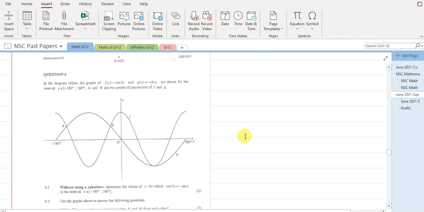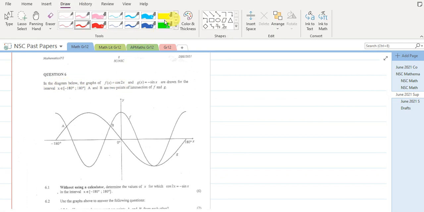Now question 6 is on trigonometric functions, as we can see here, right? In the diagram below, the graph of f, which is cos 2x. Now the good thing about this is that the functions are given, which means we don't need to solve anything here. For cos 2x, the period of the original cos graph is 360.